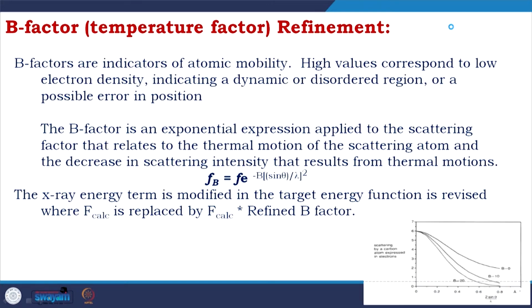So, if you look here, scattering by a carbon atom, expressed in electrons. Because carbon has 6 electrons, you see that it starts from here. Now, when you put this with different B factors, B equal to 0, B equal to 10, B equal to 20, the curve changes with the sin theta by lambda value in angstrom inverse.